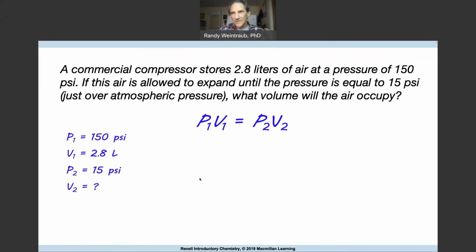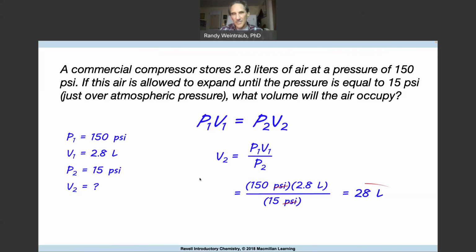And the V2 is the unknown. We plug the values in to solve: 28 liters. Let's see that we cancel out the psi units, and we're left with liters. And all along, we have two significant figures.